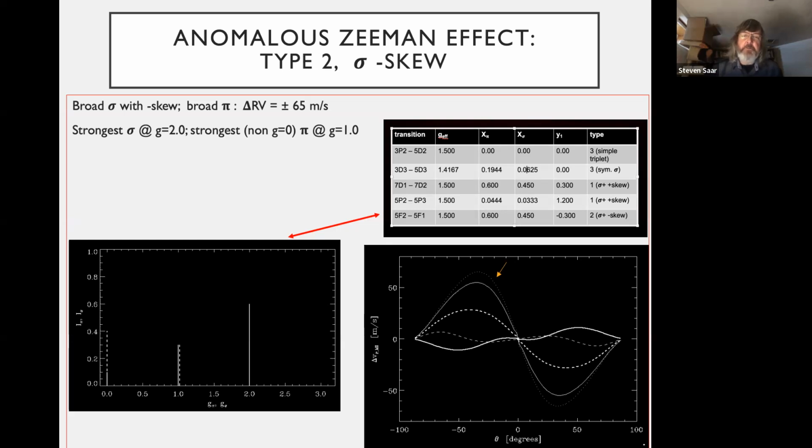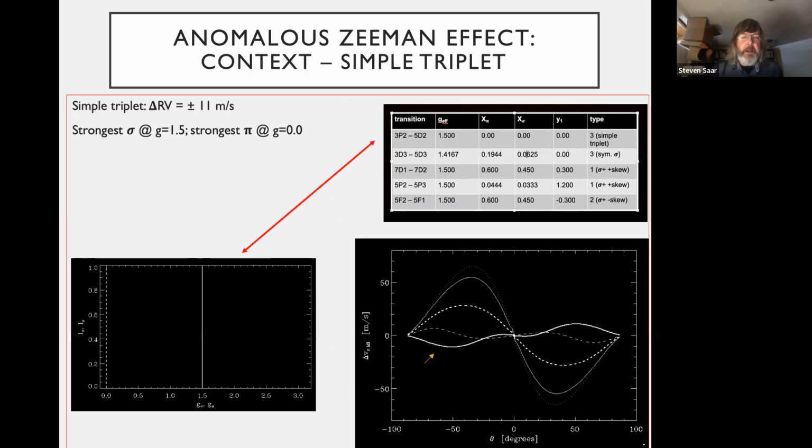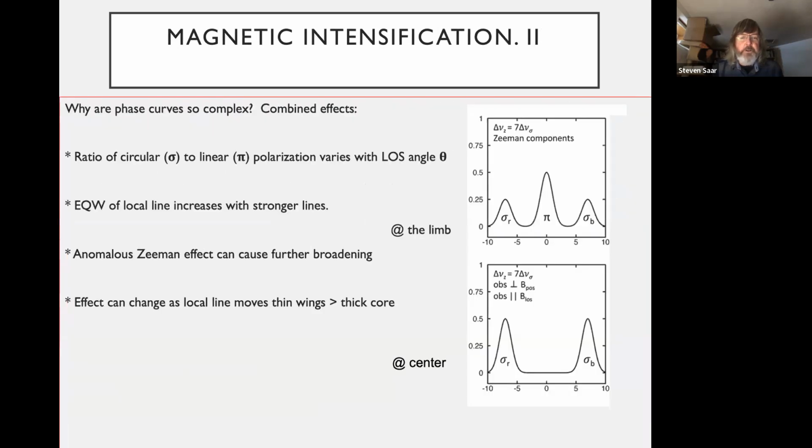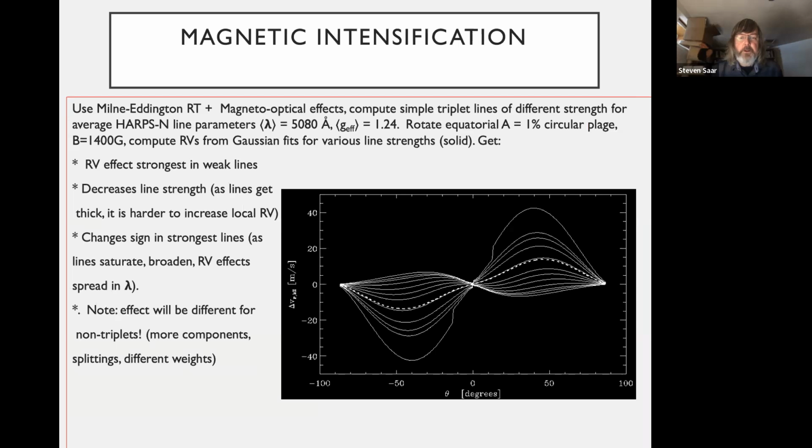And the other thing that helps you out on average is going back here, the distribution. I computed these strength curves for a lot of different strength lines.